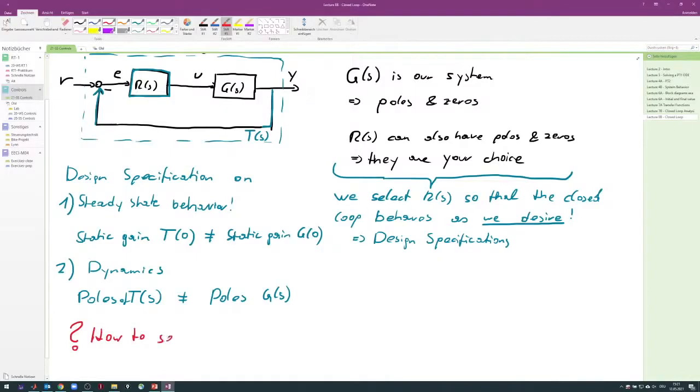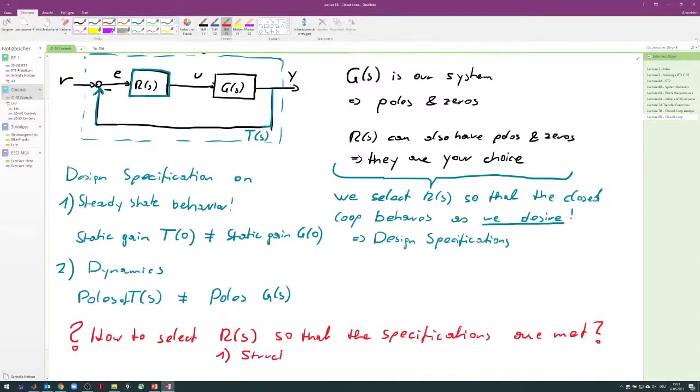how to select R of S so that the specifications are met, right? And what we have learned in the first part today is that we can select a structure, or we have to, right?